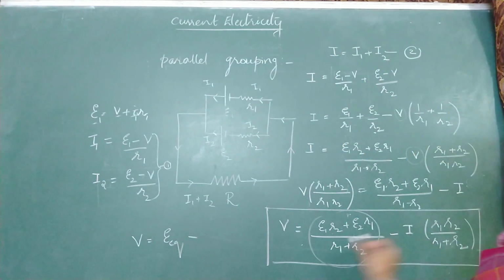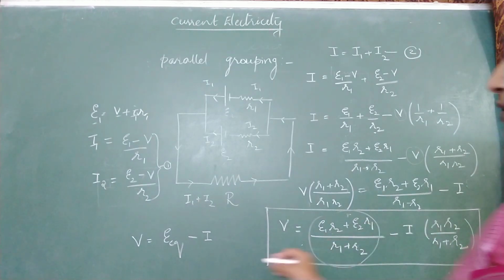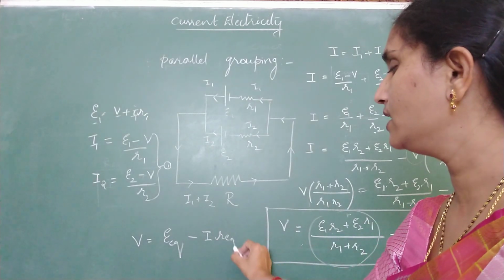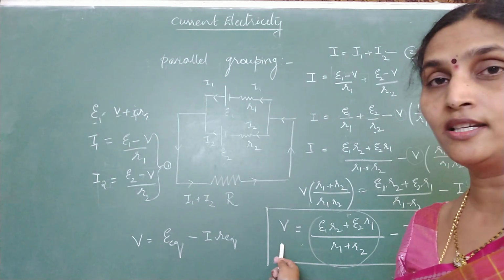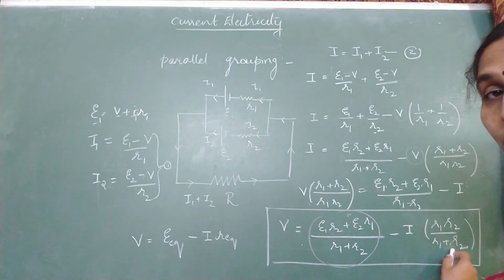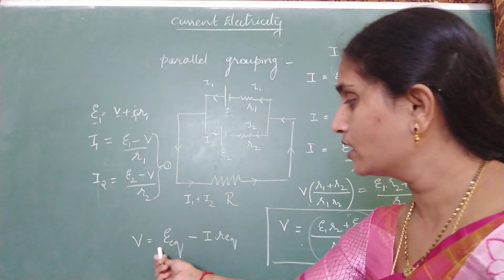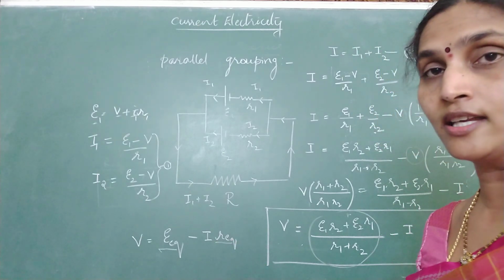Minus I, keeping it as it is. This term plays the role of equivalent internal resistance. Because we have written it in terms of V, comparing it with V equal to E minus I into R equivalent, we have got the formula for E equivalent and even for R equivalent.